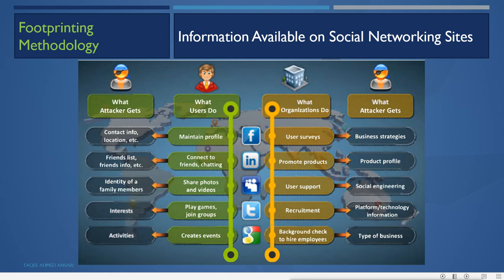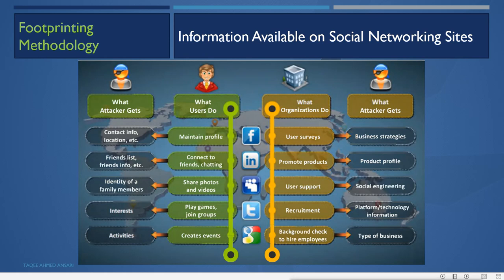Then users connect with friends and chat, so the attacker gets the friends list, friends' info, etc. So it can easily impersonate some other user as a friend. That means it can impersonate you, it can call you or chat with you from some other account which looks like your friend.